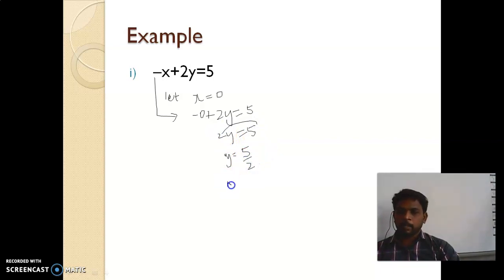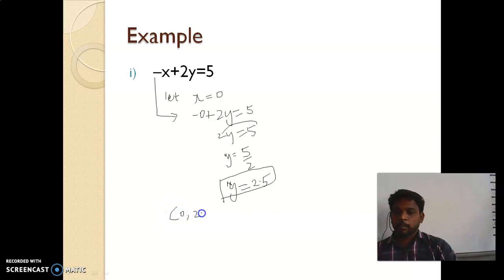So y equal to 5 divided by 2, which is 2.5. Right? 2 2s are 4, remainder 1, 5 2s are 10. So the y value is 2.5. Now what is the solution here? When x equal to 0, we got y as 2.5. So that is one of the solutions.